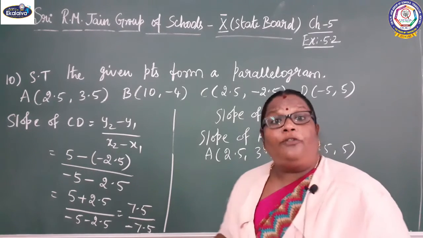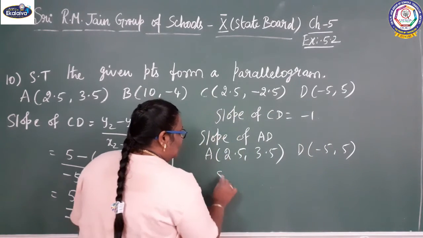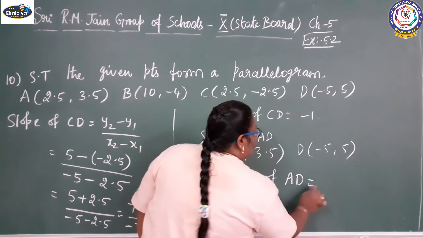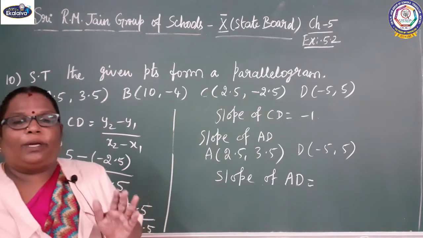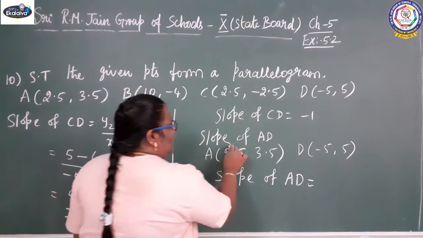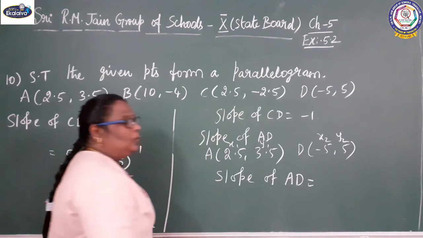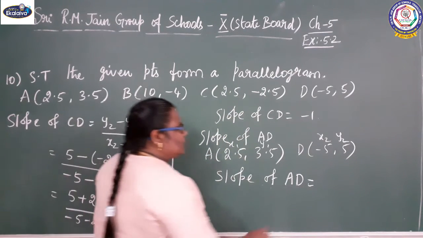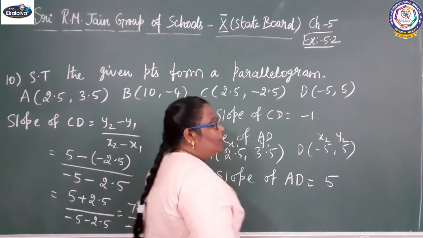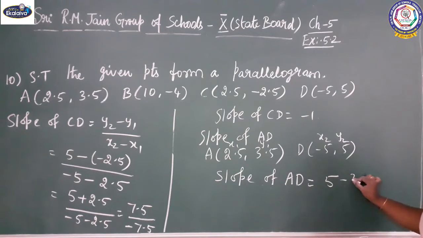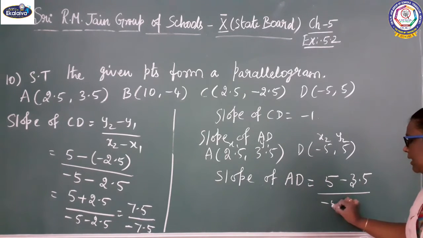So slope of AD, the same formula you can apply: y2 minus y1 by x2 minus x1. y2 is what? 5 minus y1. What is the value of y1? Minus 3.5, by x2 minus x1.